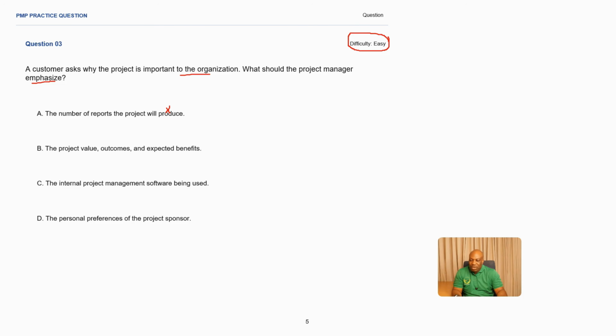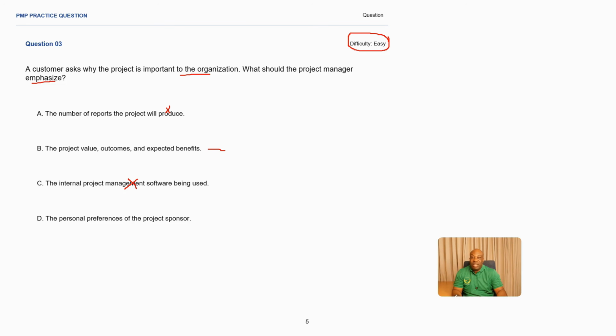Number B, the project value, outcomes, and expected benefits. This makes sense. The internal project management software being used. This does not explain to the customer why the project is very important. So definitely we're going to eliminate this one. The personal preferences of the project sponsor. Projects are not done because of project sponsor personal preferences.